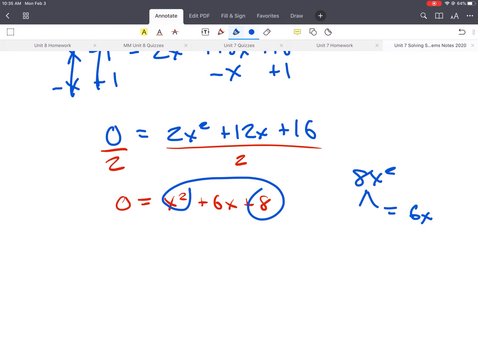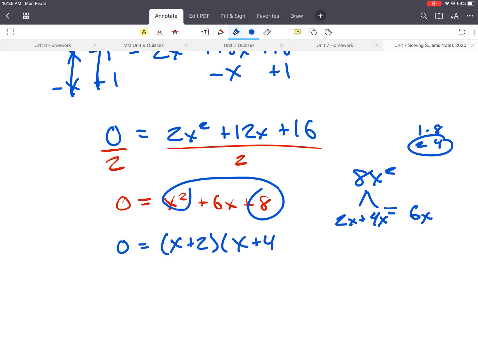Again, if you get stuck, you can always start listing the factor pairs. So 1 and 8, 2 and 4. Those are the only choices. 2 and 4 add up to give us 6. So 2x plus 4x. Since a is 1, we can do the shortcut. So x plus 2 and x plus 4.